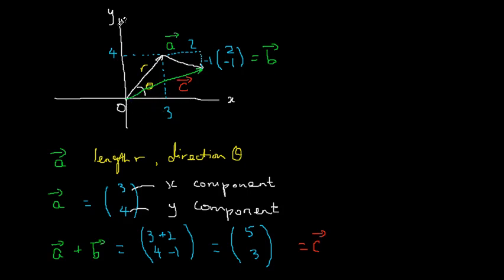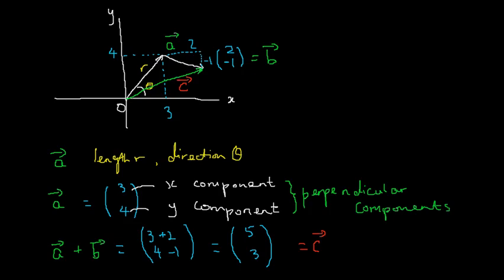Since direction x and direction y are at 90 degrees, they are perpendicular to each other, we describe their relation by saying that these are perpendicular components.